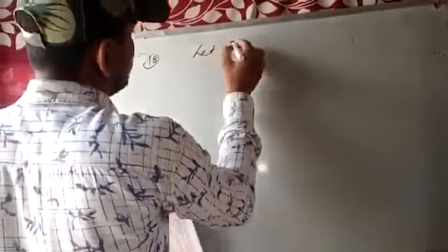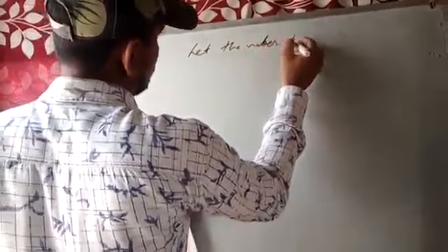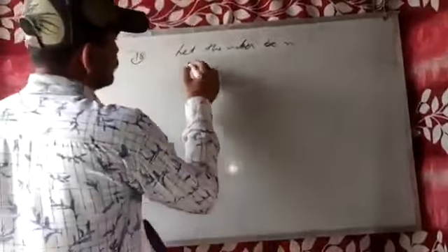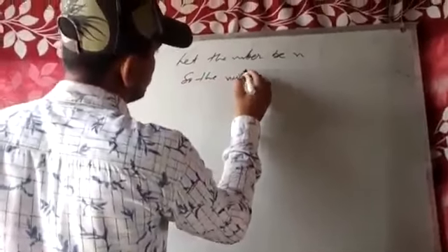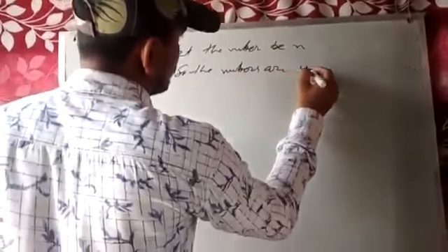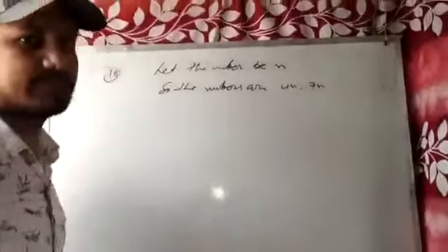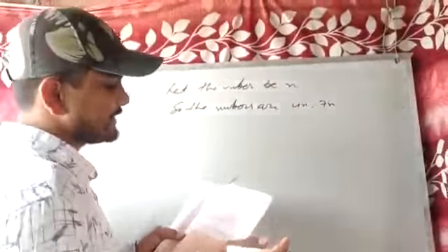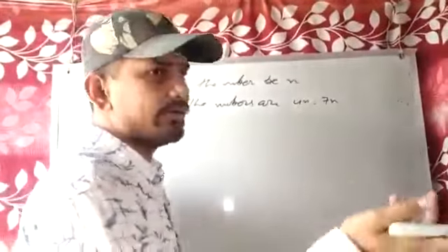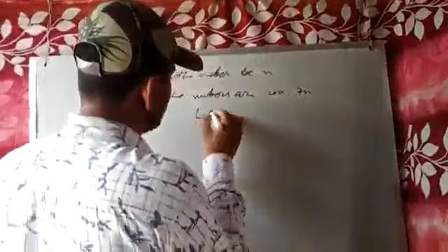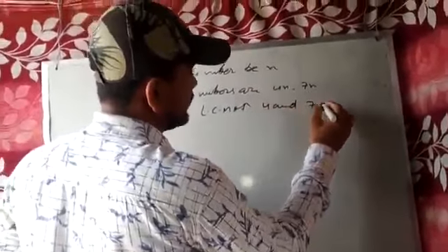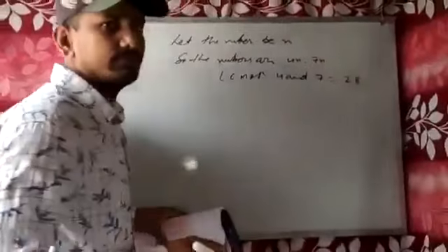Two numbers are in the ratio of 4:7. So let the numbers be 4x and 7x. Now the LCM is 168. The LCM of 4 and 7 is equal to 28, as we know.